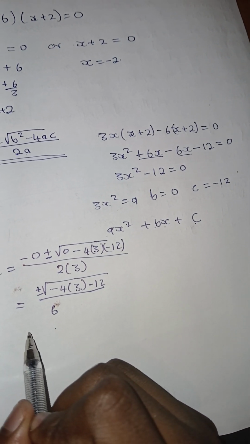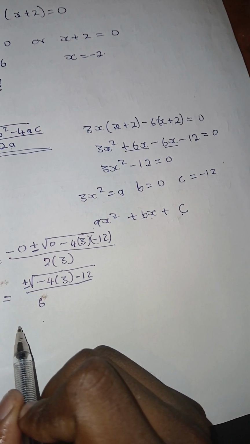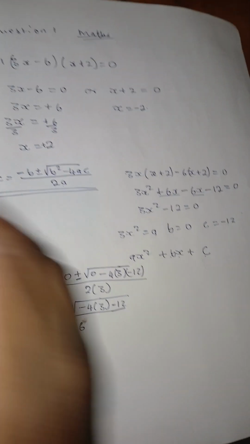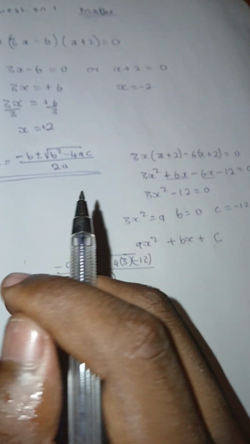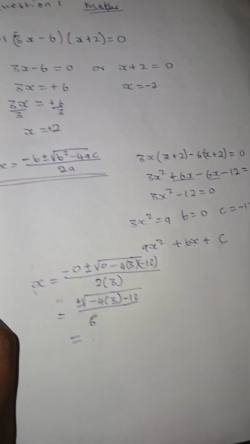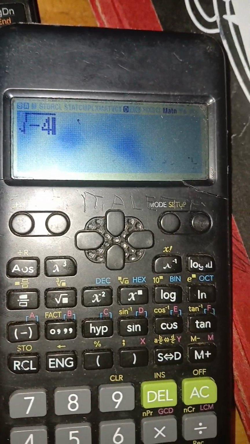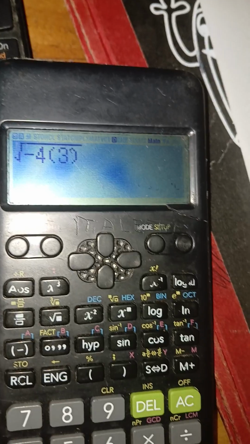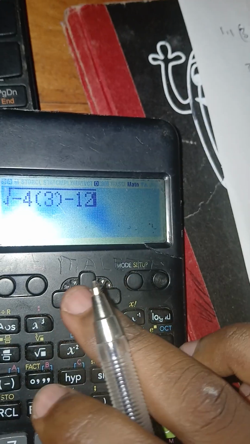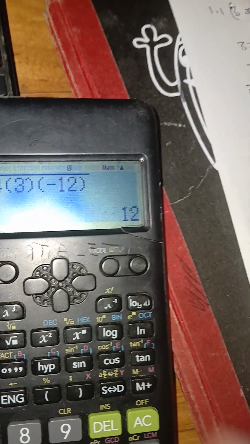And then this is going to be the square root of negative 4 multiplied by 3 multiplied by negative 12, which is equal to, you should always remember to put brackets, 144, and the square root of that is 12.